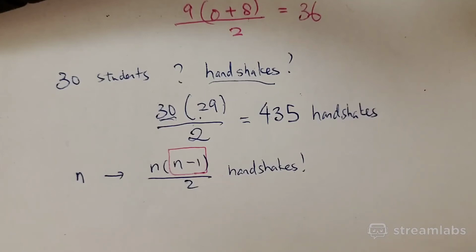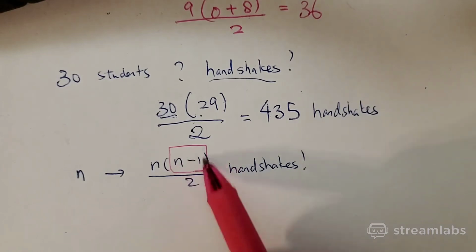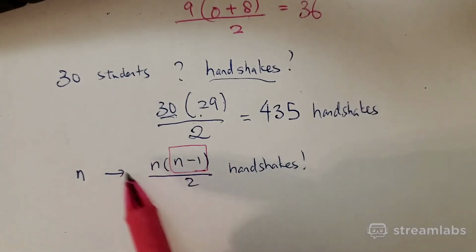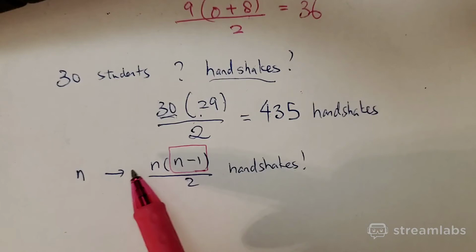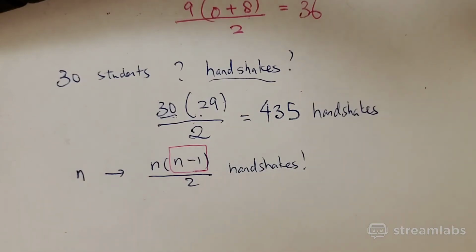If you start with 1, then this term will be n, this term will be n plus 1. So you get n times n plus 1 over 2. So it's an index problem. Okay, it's a matter of where you start. Does that answer your question?